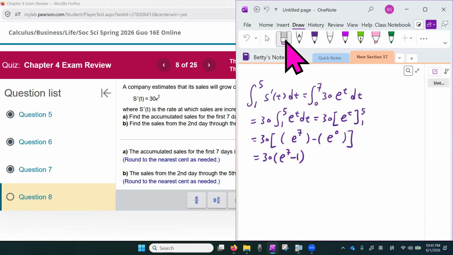So here we're going to have, when we plug in 5, e to the power 5. When we plug in 1, e to the power 1. So just e.